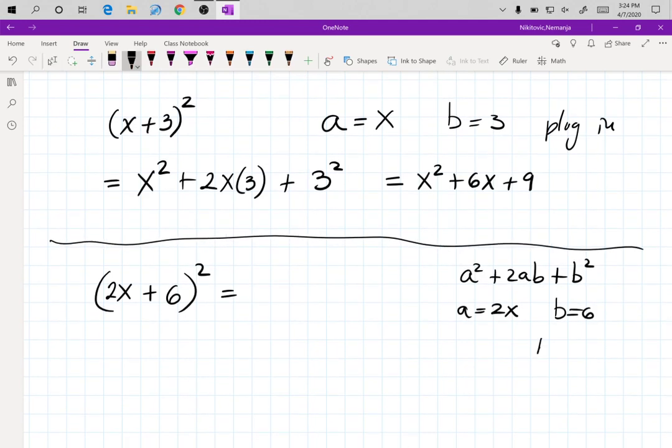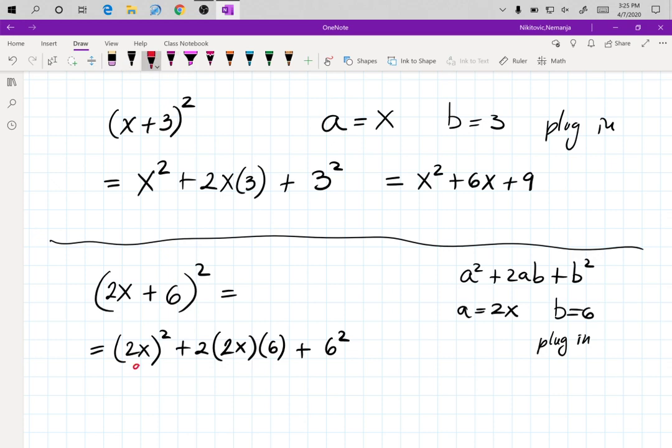So just plug in. You memorize this, you read these from the problem and plug in. So (2x) squared plus 2 times 2x times 6, plus 6 squared.